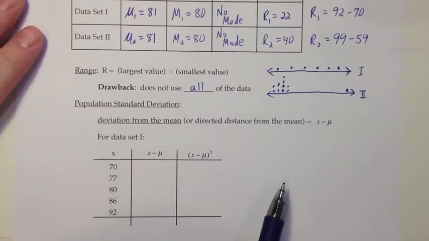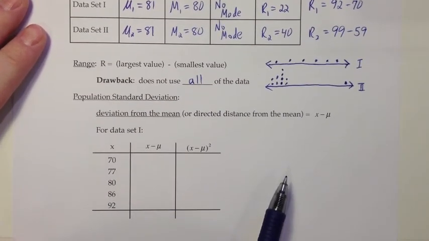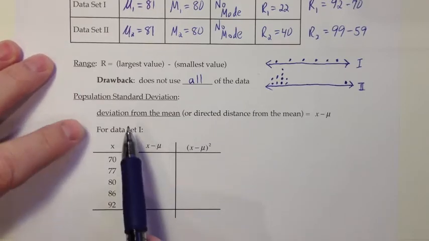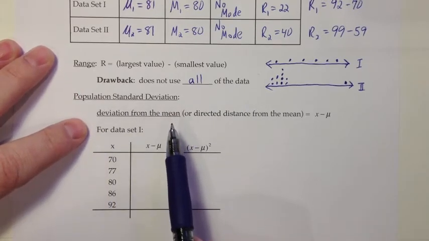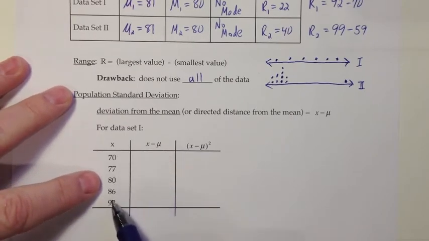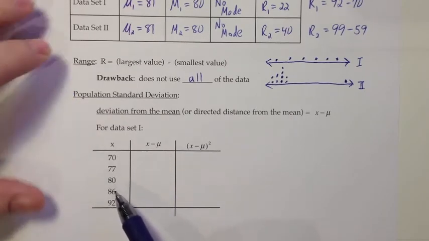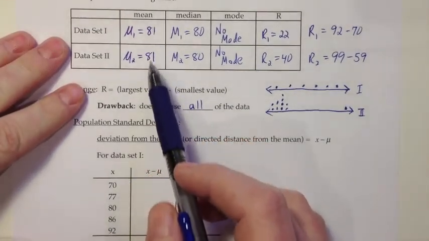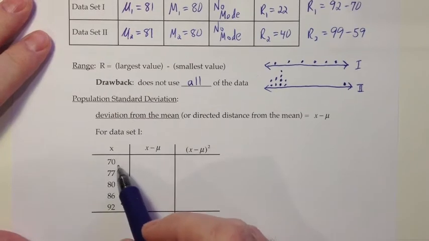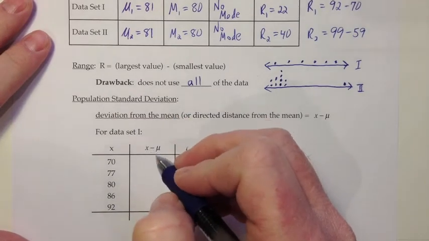So I'm just going to go ahead and walk you through how to build this, and then we'll write the formulas down afterwards. If you're trying to find this thing called the population standard deviation, then what you want to do is start out finding the deviation for all of your x values. We're working with data set 1 here, and for both these data sets we had a mean of 81. So when we go to do our deviations, we're just taking each x value and subtracting that 81.